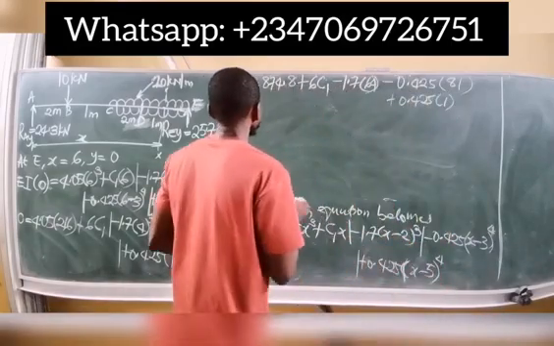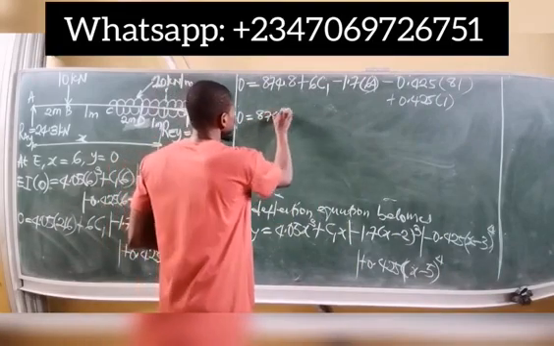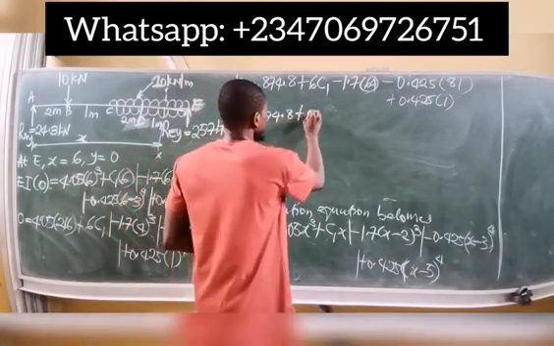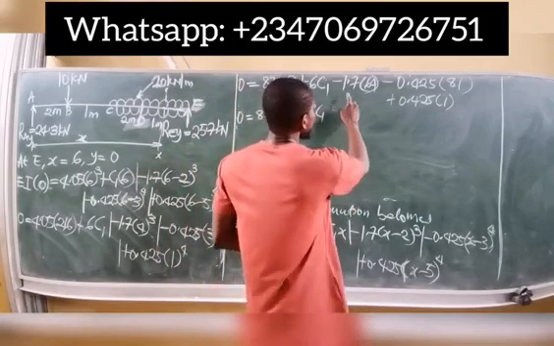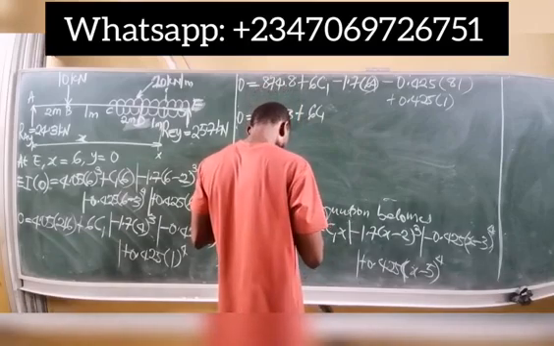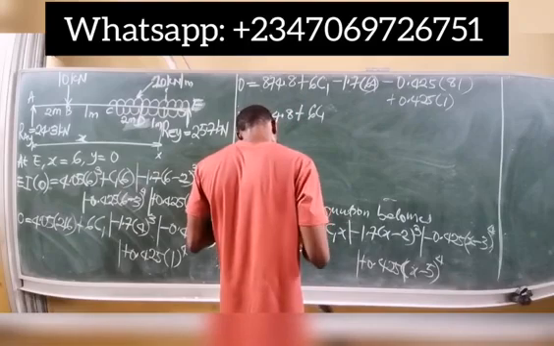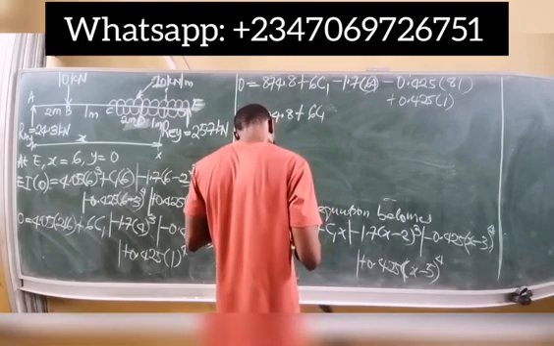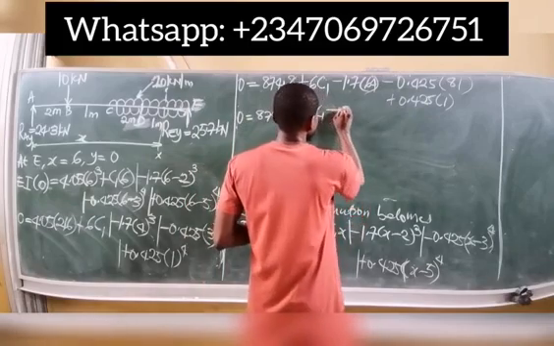So 0 is equal to 874.8 plus 6 C1. Here we have minus 1.7 multiplied by 64. That's minus 108.8.